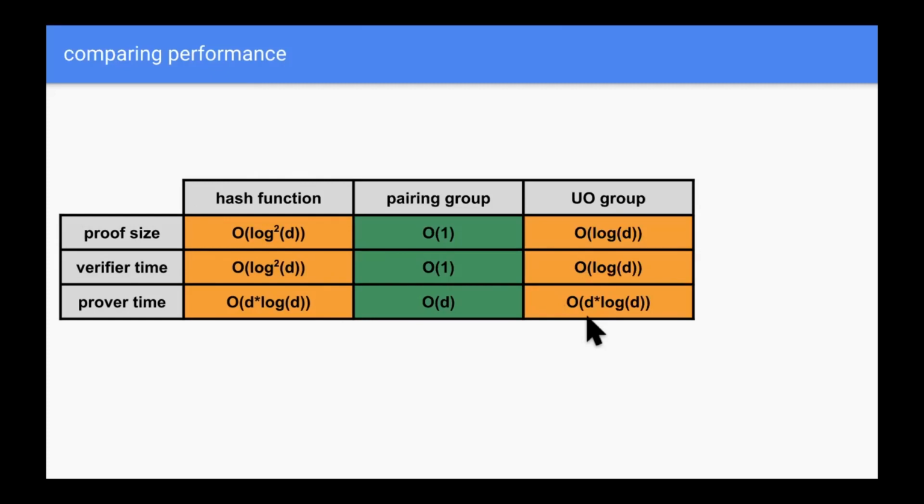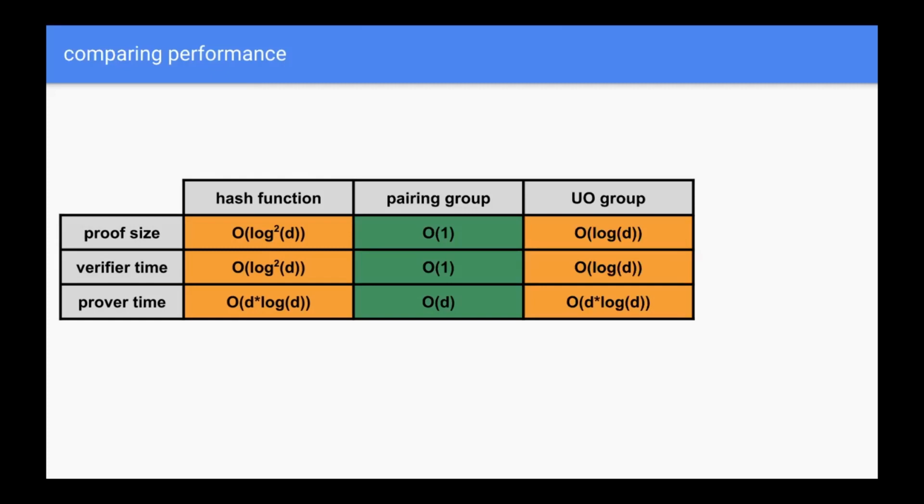I hope I'm not too loud with the background here, but I think this may be a little unfair to the hash functions. I think it's apples to oranges. I may be wrong, but if you look at bit operations, then you're already measuring the hash functions in bit operations here. I think it's log squared because you do these log d hashes, and you're thinking of every hash as a unit. Yes.